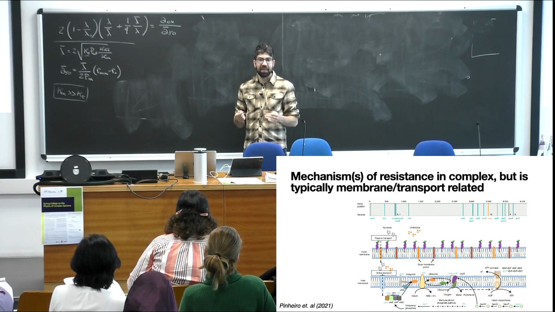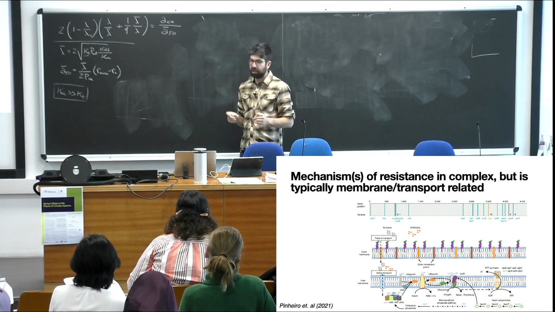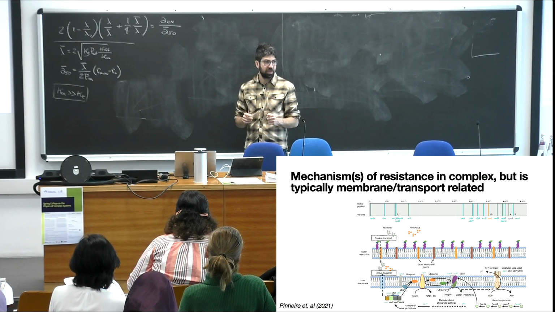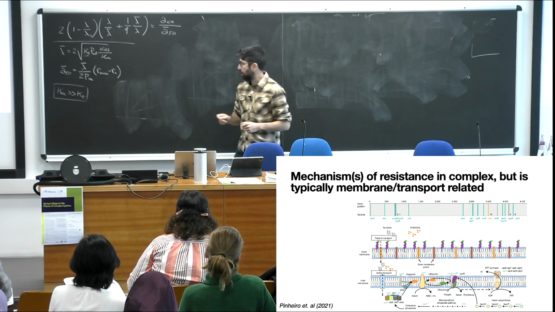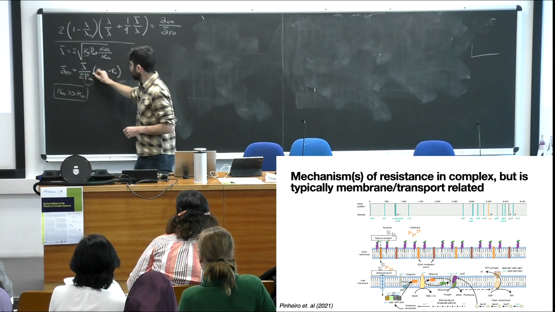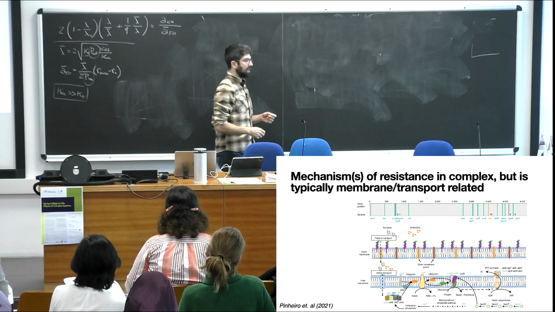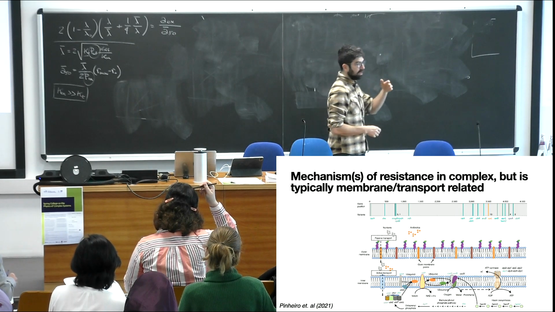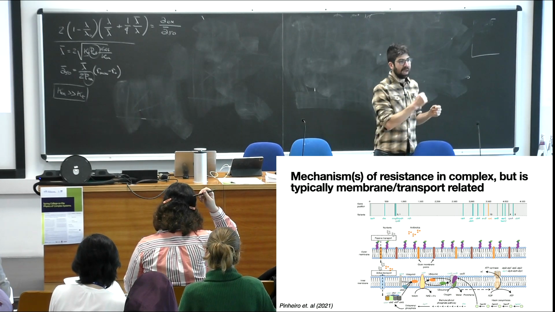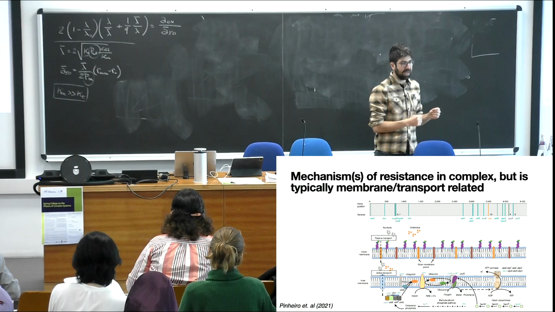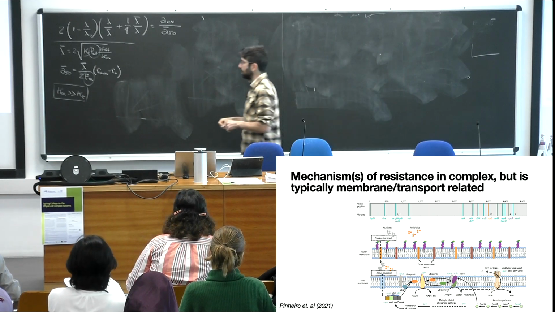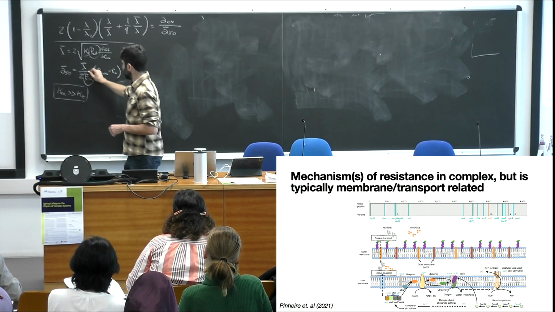Okay? So if they are related to the membrane, what do you think are the parameters that are going to change? Yes, so P in and P out. Actually, P out is not really related to the permeability of the membrane, it's related to active transport from inside. So actually the main parameter is P in. Okay?